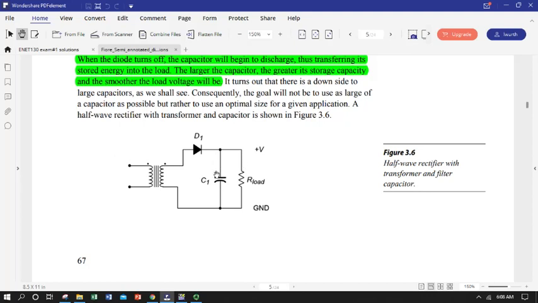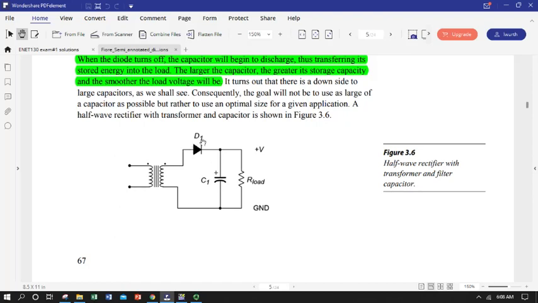And the reason it doesn't discharge: it can discharge through the load, but it can't discharge back through the diode when the transformer supplies the negative half cycle, as it's in reverse bias. So it can't discharge back through the diode and through the secondary coil because the diode becomes an open.